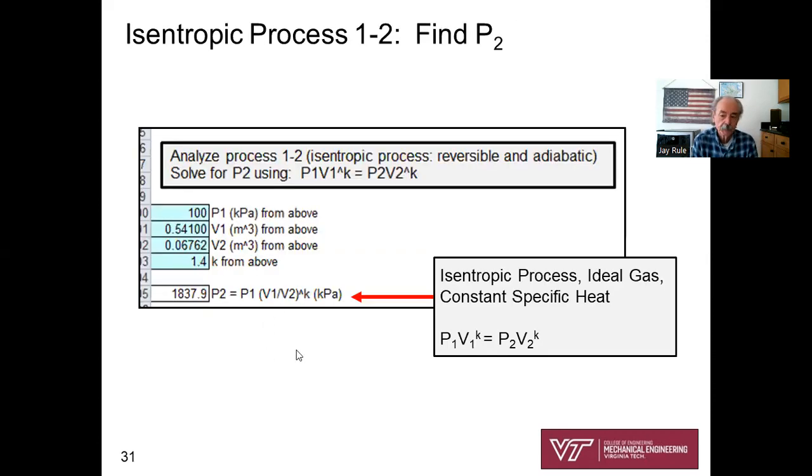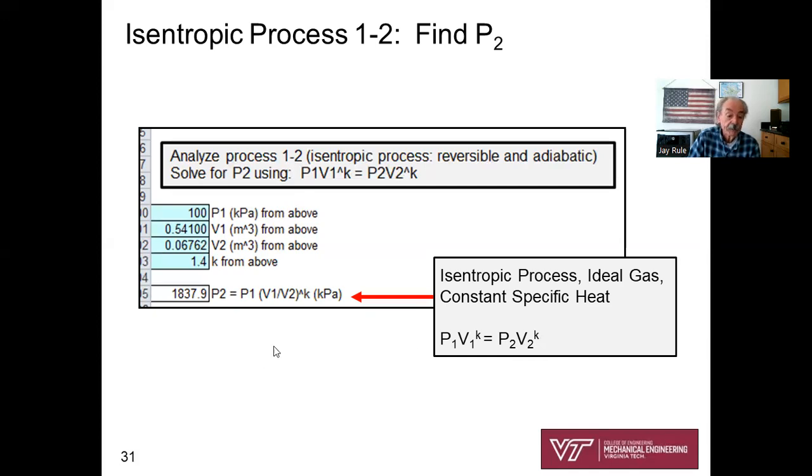Isentropic process 1 to 2: we're going to mimic what we did in the first example and find P2. We're going to use PV to the K as constant, so P1 V1 to the K exactly equals P2 V2 to the K. P1 we know, V1 we know, K is 1.4, V2 we know now.